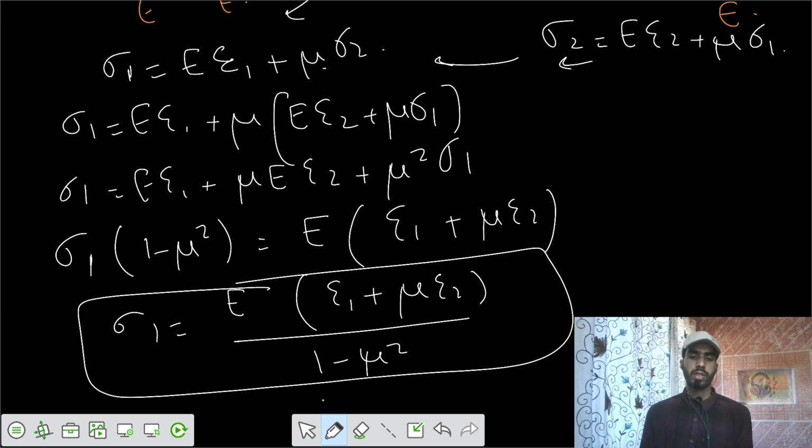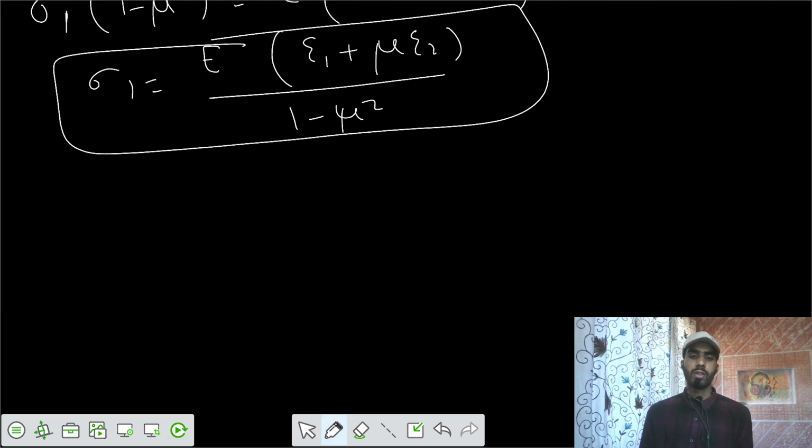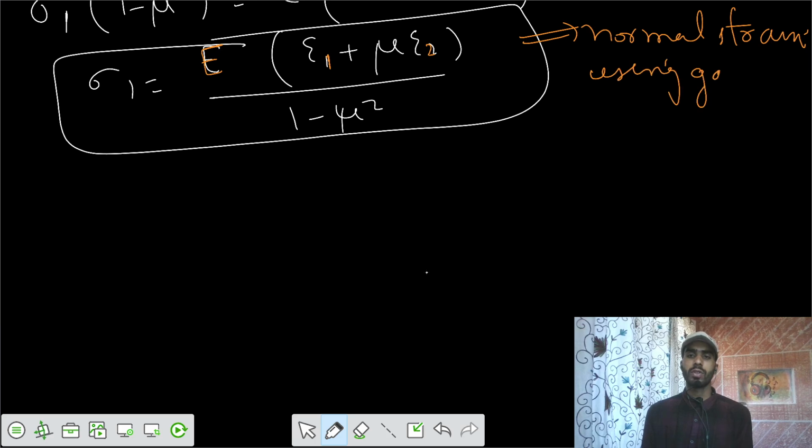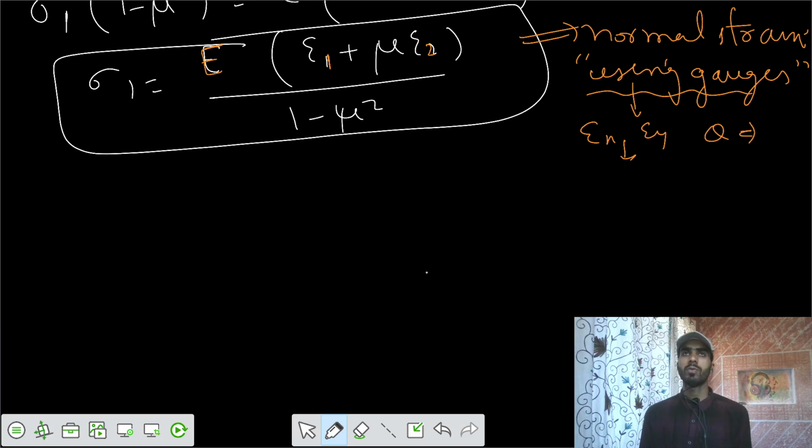So if you don't want to calculate the stresses, you can directly calculate the normal strains along principal strains 1 and 2 using strain gauges. If you get the strain in X and strain in Y, and you know the angle at which you placed the strain gauge, and you get the values of strain 1 and strain 2, then you can substitute here.